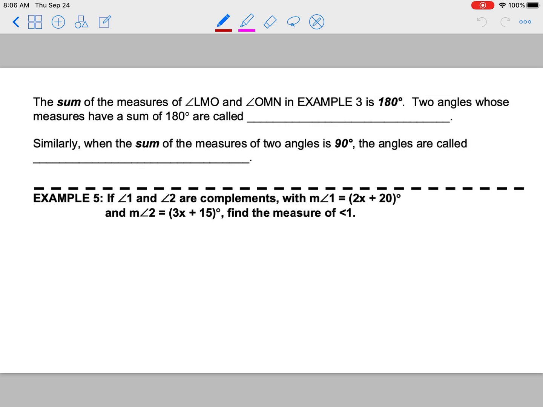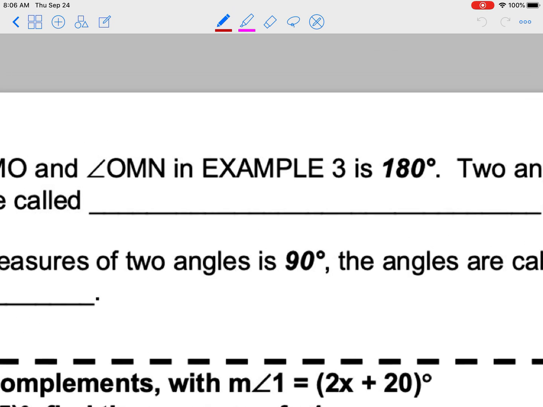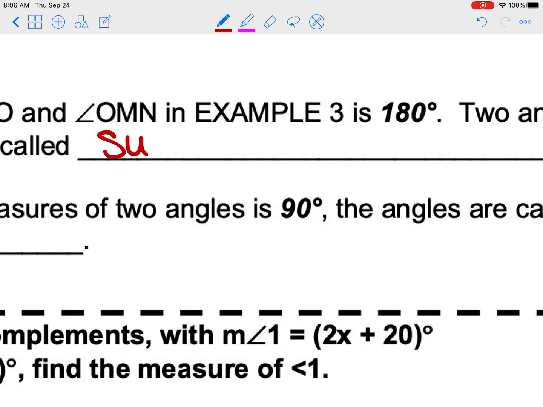All right, some review vocabulary from when you were in middle school. We have the sum of the measures of two angles is 180 degrees. We know that from example 3. That is called supplementary, and we learned that in the linear pair definition.